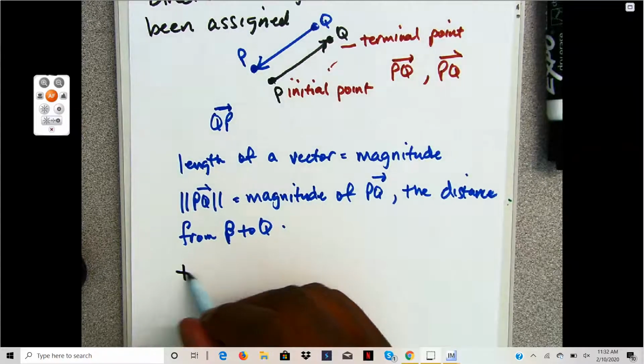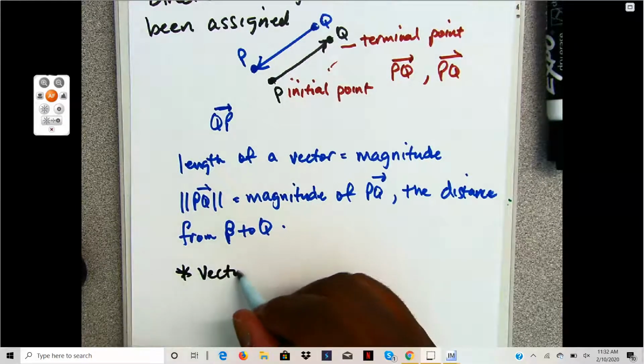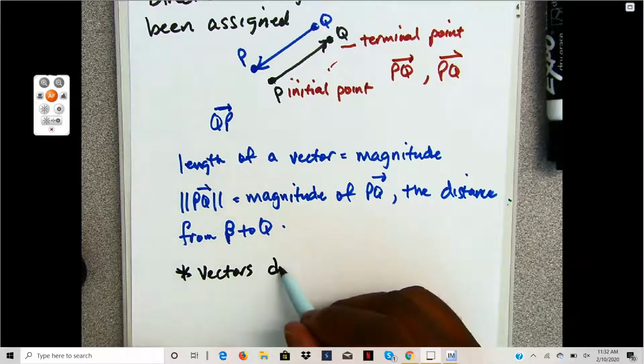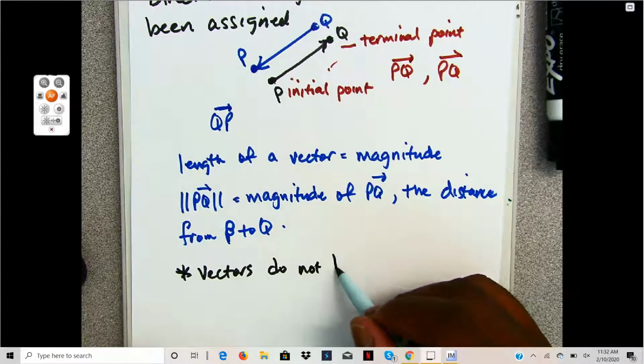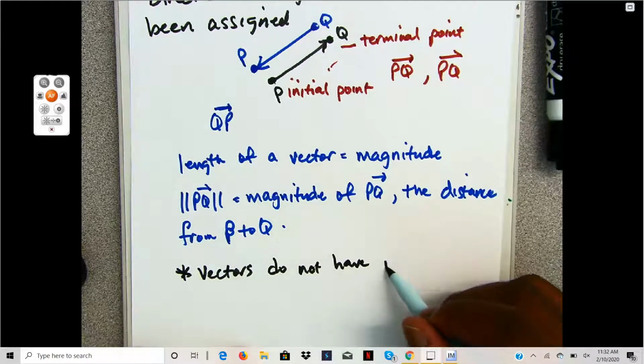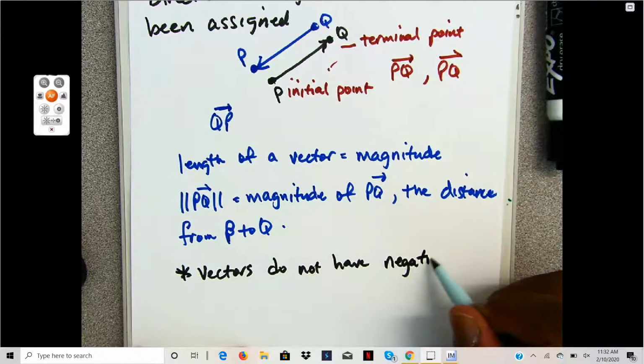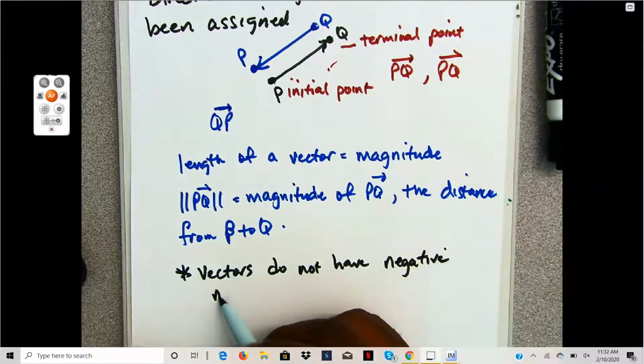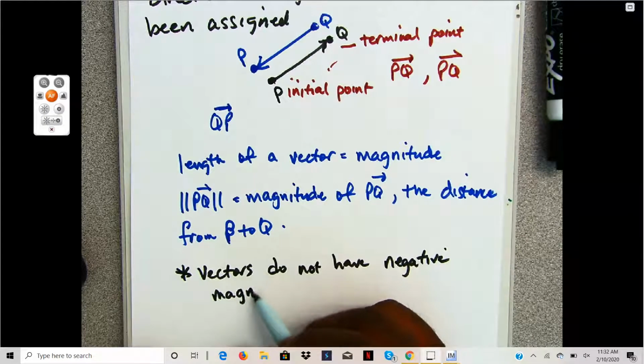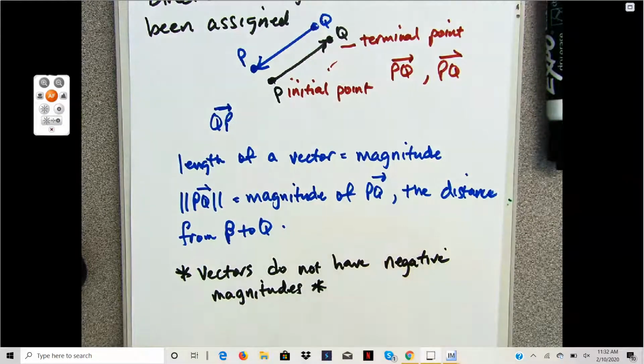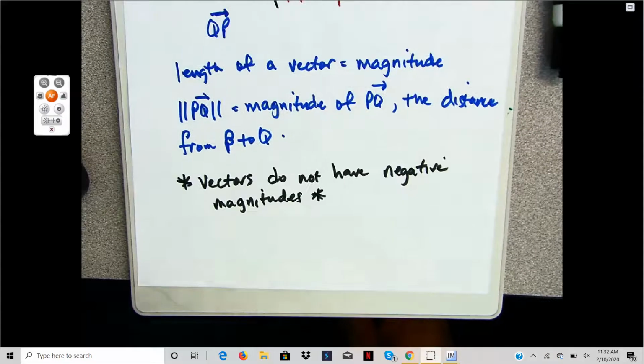Vectors do not have negative magnitudes. The magnitude of a vector is always the length of that vector. The length is the distance from its initial point to its terminal point. That is always positive.